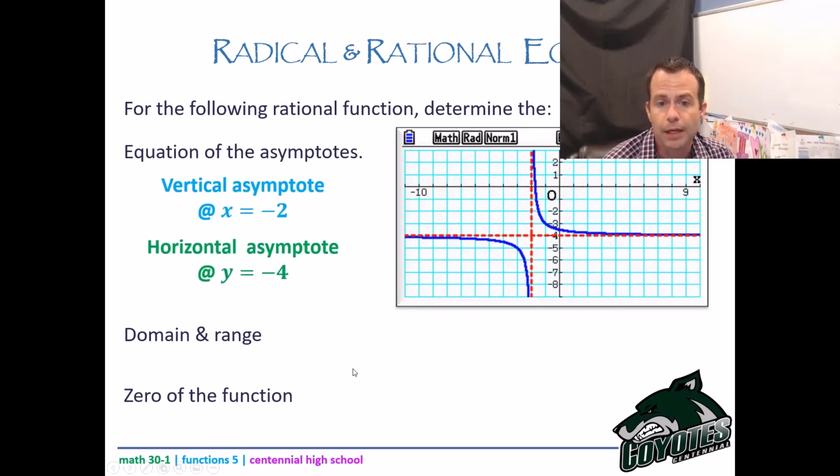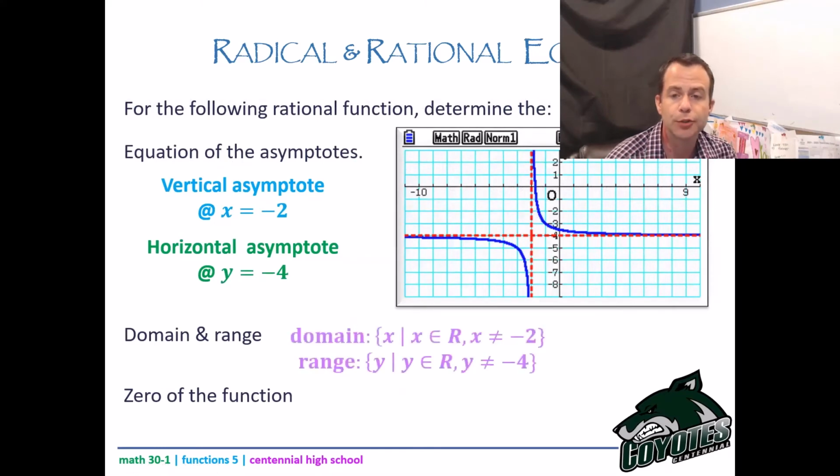And my range would be y is a member of the reals, but it can't be negative 4. Make sure you're labeling domain and range. Like actually write the word domain and write the word range, okay? And then for the x-intercept, we can see it right here. It is close to negative 2, maybe negative 1.8, negative 1.75 in this case, okay?